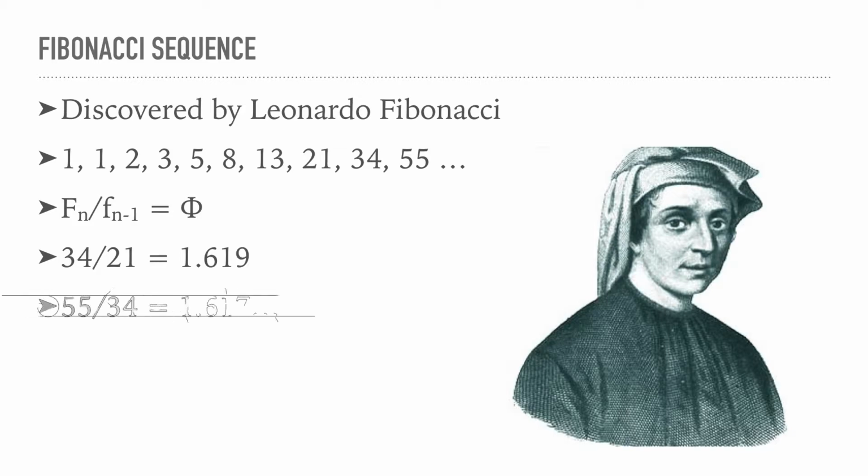I'll just cycle through some of these numbers. Basically, you can see here, if we take some of the numbers in the Fibonacci sequence and divide them by the number before it, we start getting numbers that are very close to phi. And this is the idea of using these numbers and proportions to show this pattern.